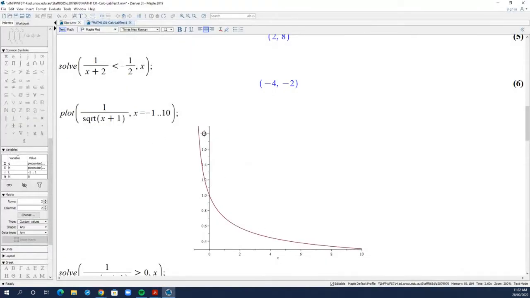All right, so what about the range, people? If you're looking at this function or this graph, what would the range of that function be? Who can tell me? What is the range?